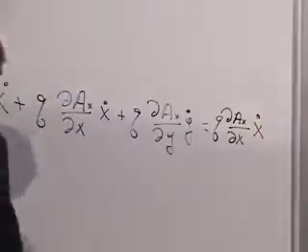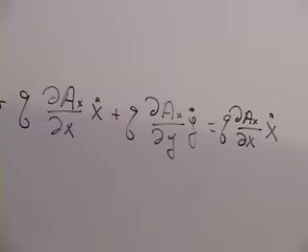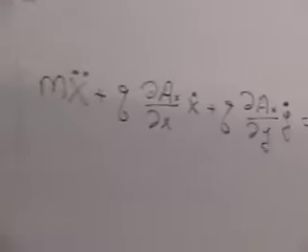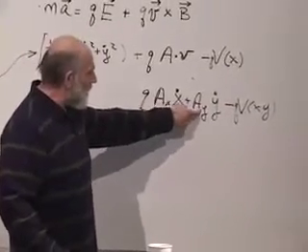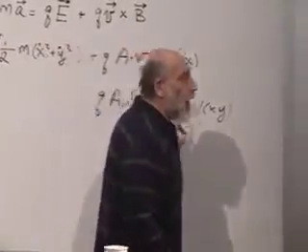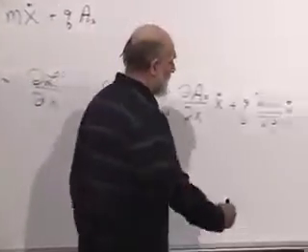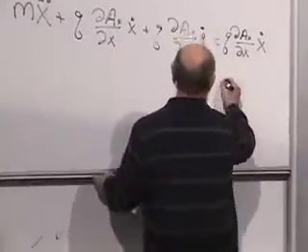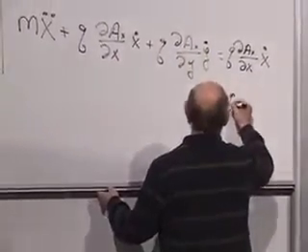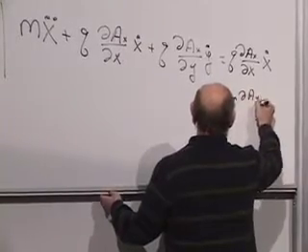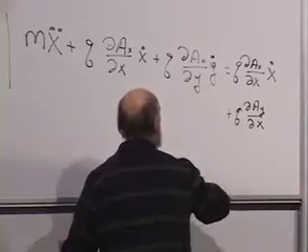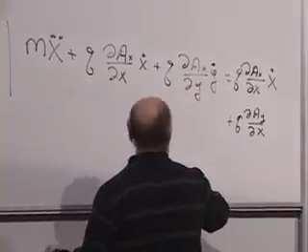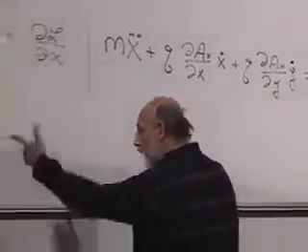What I'm writing is the partial of L with respect to x. So we get one term by differentiating A sub x with respect to x, another term from differentiating A sub y with respect to x. Plus q times the derivative of A sub y with respect to x times y dot.